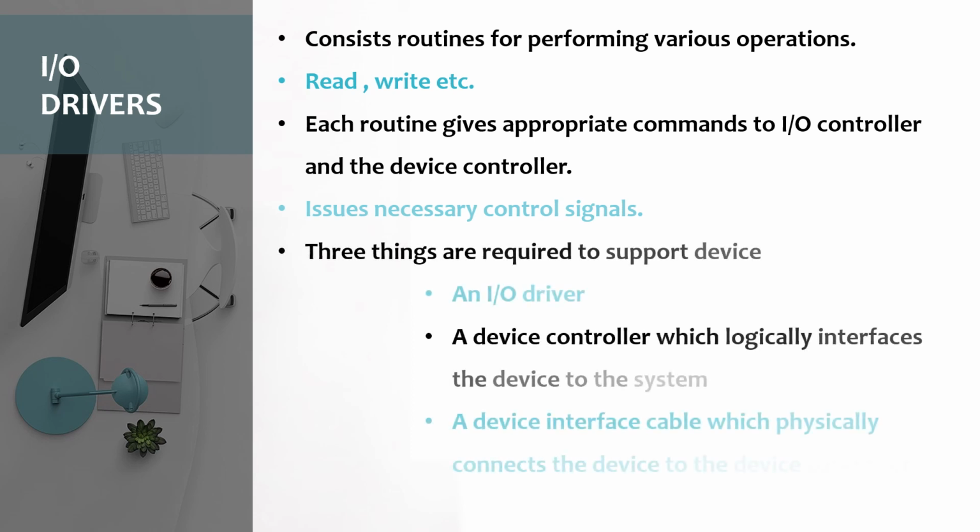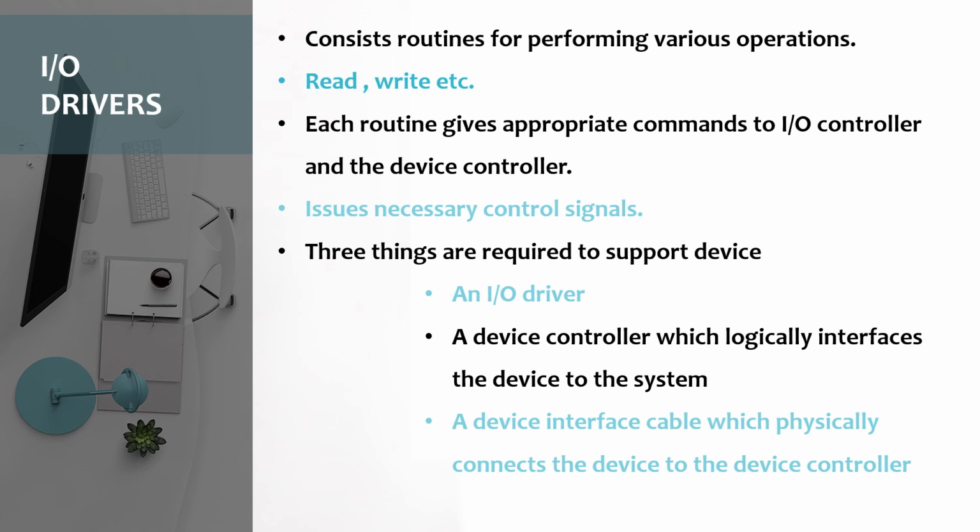Then three things are required to support a device. Suppose you are attaching any peripheral device, then we need three things. First, an IO driver. Of course, your device controller is there, your device driver is there, so the driver is required. Then a device controller, which logically interfaces the device to the system.